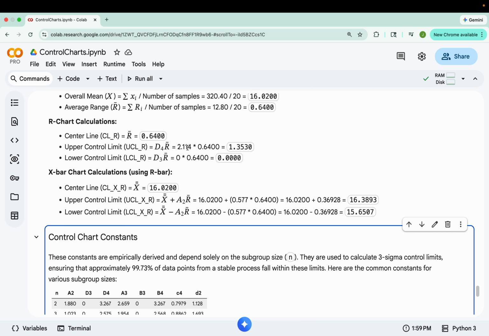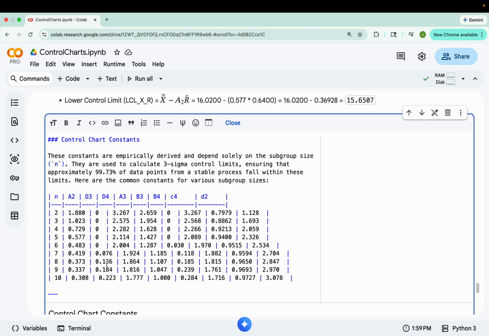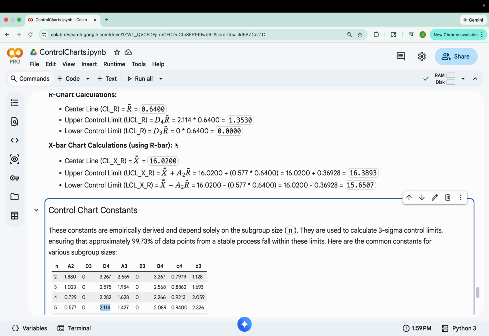So this 2.44 we got right here, because we know n is 5. We want to look up the value of D4. Okay, so 2.44 times 0.64 gives us 1.35. The lower control is 0 times the 0.64, so lower control is 0.